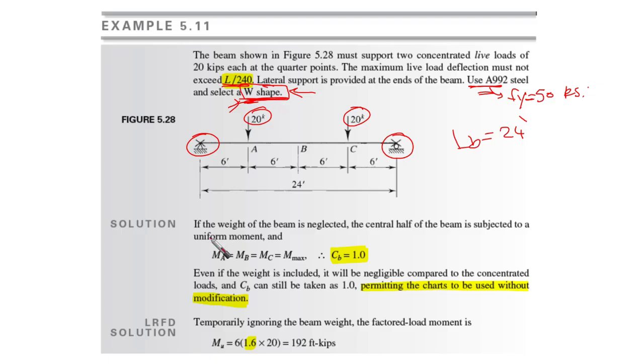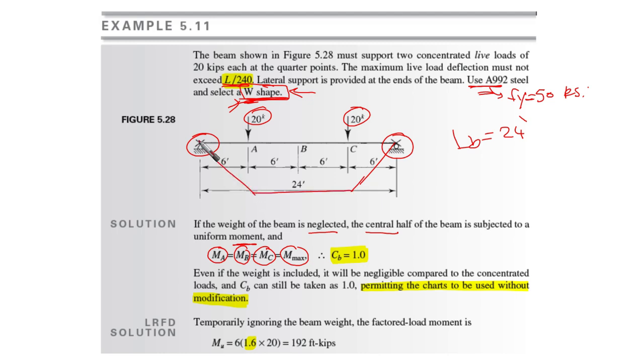If the weight of the beam is neglected, the central half of the beam is subjected to a uniform moment. We only check the moment due to the live load, so MA equals MB equals MC equals the maximum moment. All of them are going to be the same.